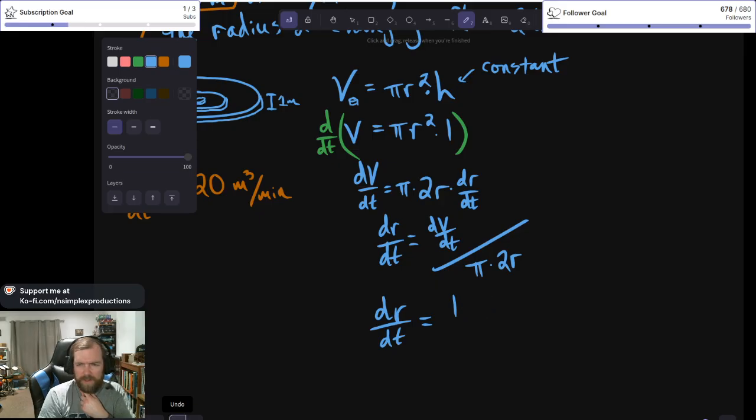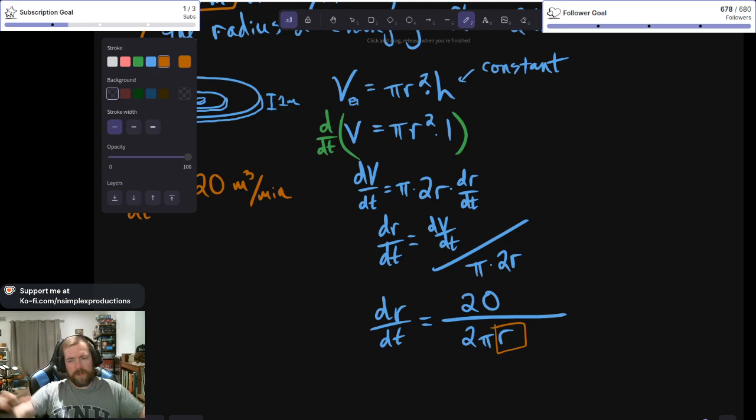No, what are you doing? Right, 20 divided by 2 pi r. Okay, so r is the only thing that we actually need in order to figure out what the change in the radius is going to be, because we already know what the change in volume is going to be.